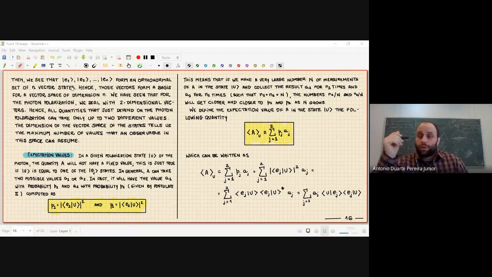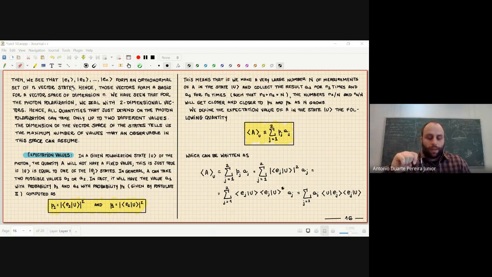So those are vectors that live in a vector space that has dimension 2. This means that in order to write the most general vector in this space, I need two vectors in the basis that I'll choose.